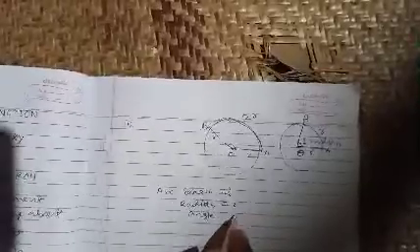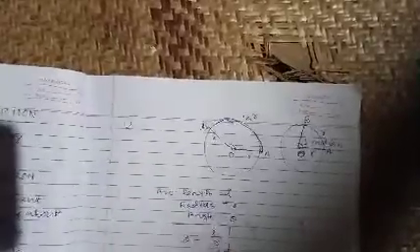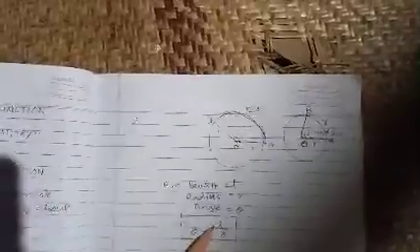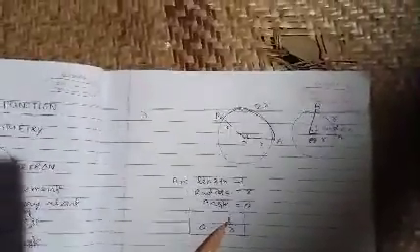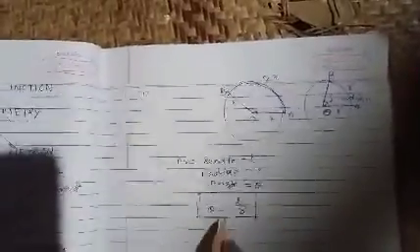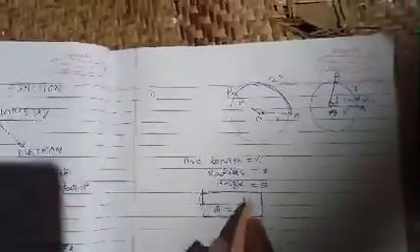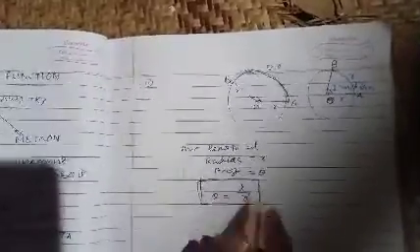Then the relation between L, R and theta is theta equals L by R. Here L is the arc length, R is the radius, and theta is the angle subtended by the arc at the center of a circle. So this is a very important formula, and in this case, we get the value of theta in radian measure.